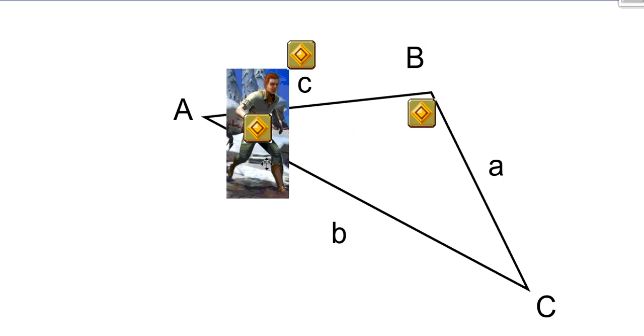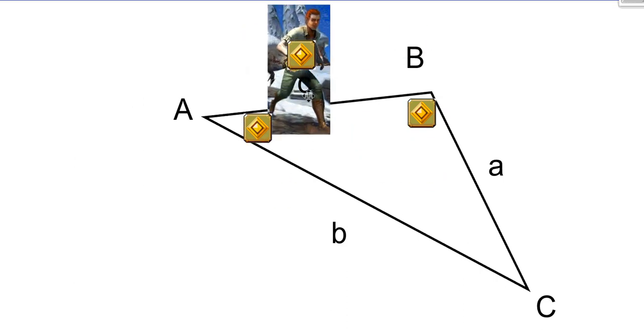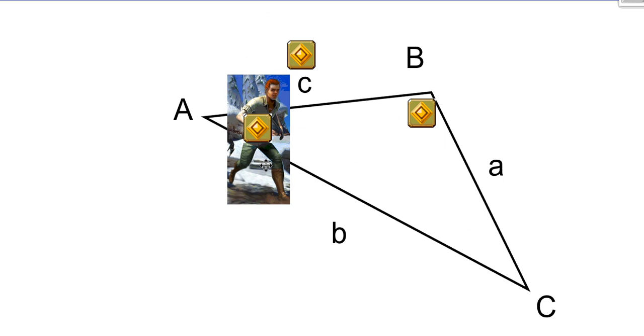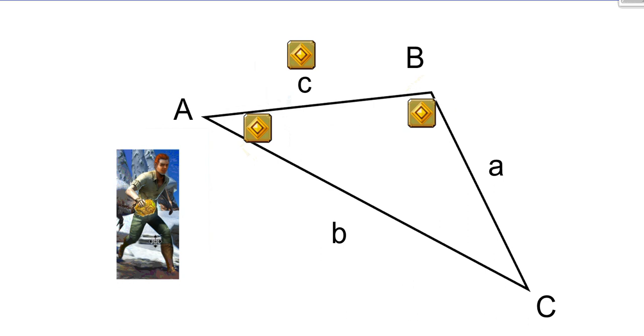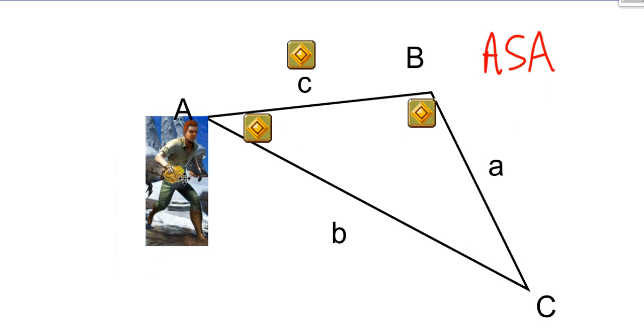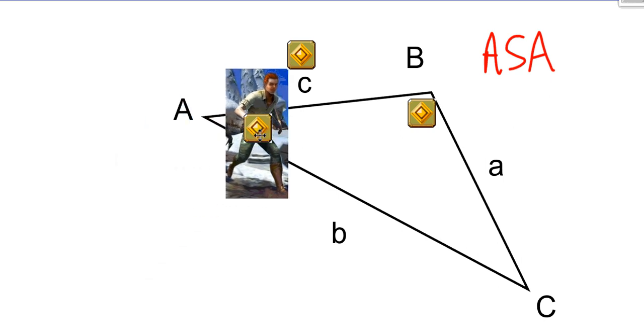If you can visualize that, you can see that this is an angle, and this is a side, and this is an angle. And so hopefully you can recognize that this problem is going to be an angle-side-angle problem. That's going to tell you how to proceed, which formula to use, what to do, and that kind of thing. Now you got to pay attention, and you don't want to go the wrong way.